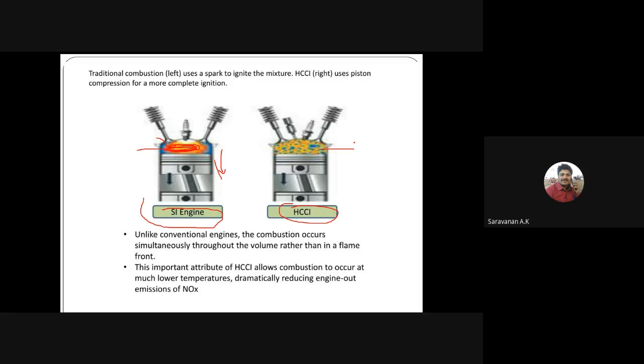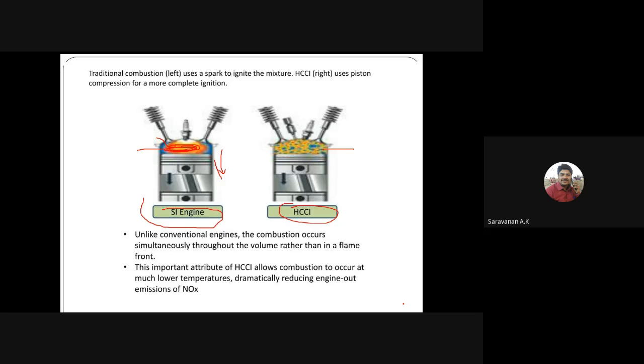That temperature is beyond the auto ignition temperature of the fuel. So without the spark from the spark plug, the fuel gets burned. Correct idea, right? So that is called the HCCI engine, right?